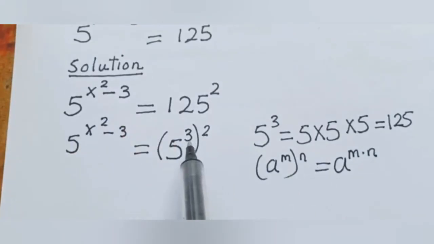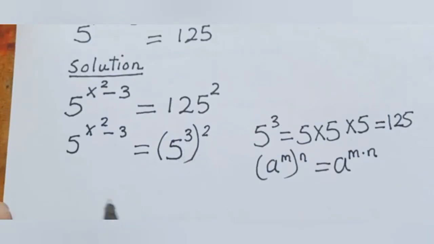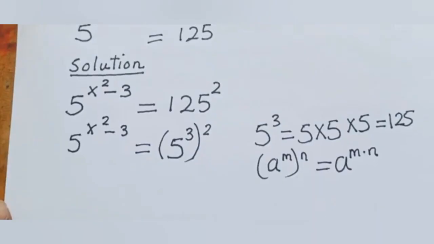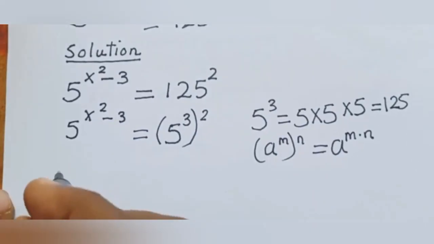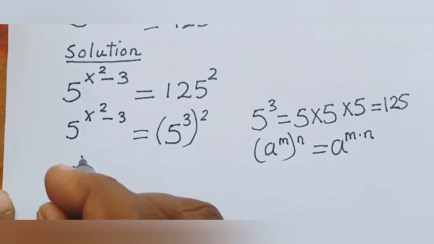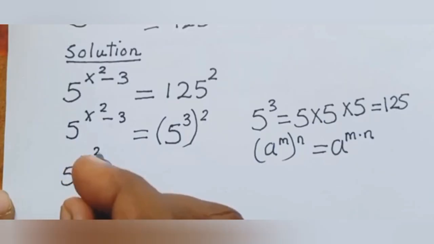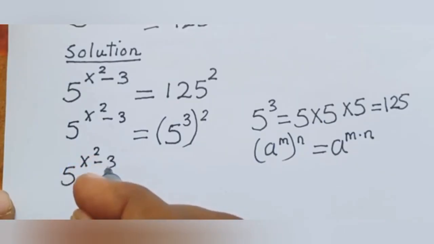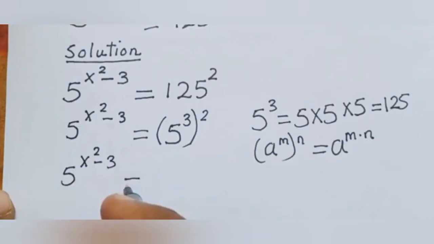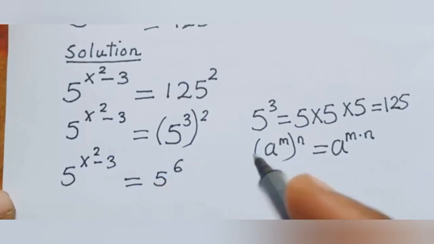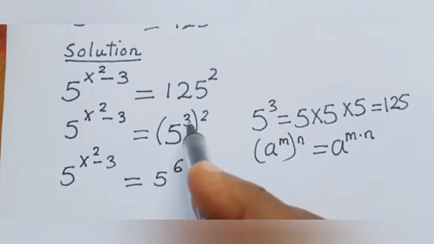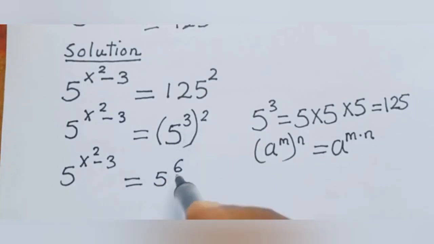So we are going to multiply 3 times 2, which is 6. So here we are going to write 5 raised to x squared minus 3 equals 5 raised to 6, because exponent 3 times exponent 2, we get 6.